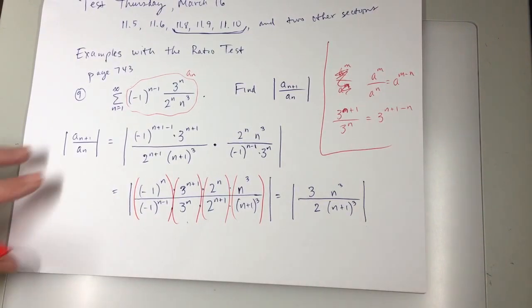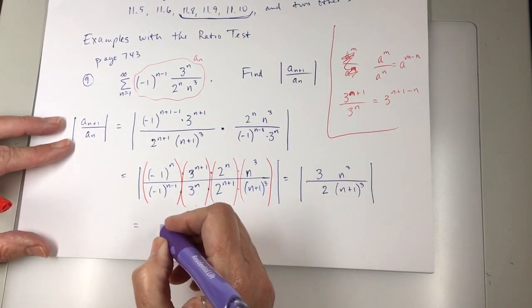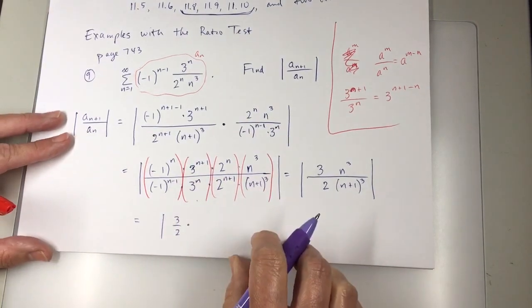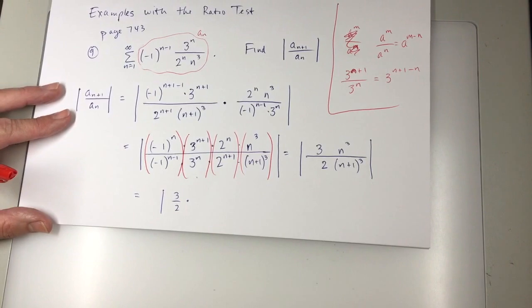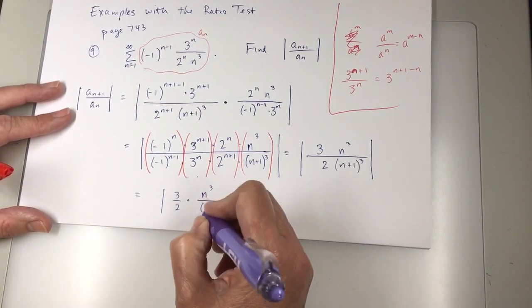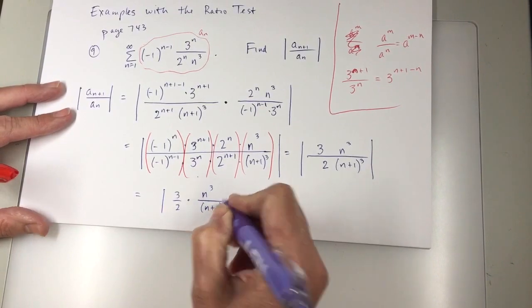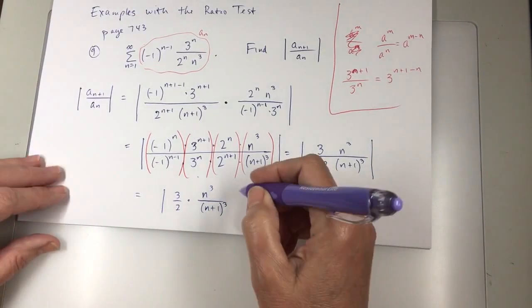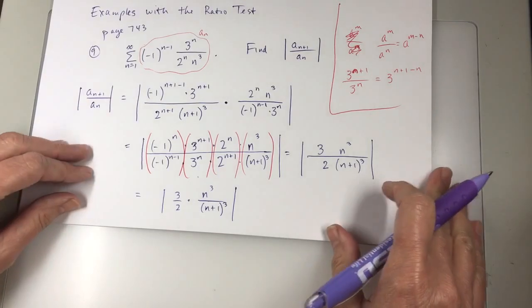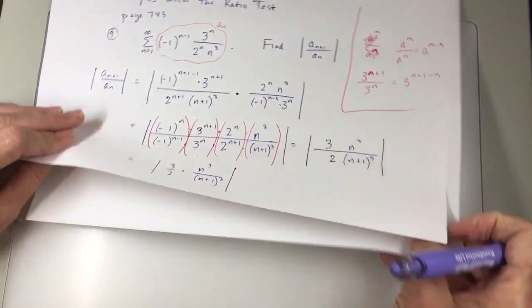Now, I want to rewrite this again. So this is the absolute value of 3/2 times n cubed over n plus 1 cubed. That's the ratio. Now do the limit as n approaches infinity.